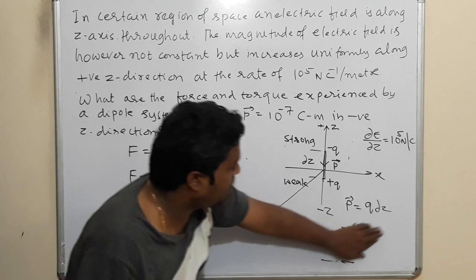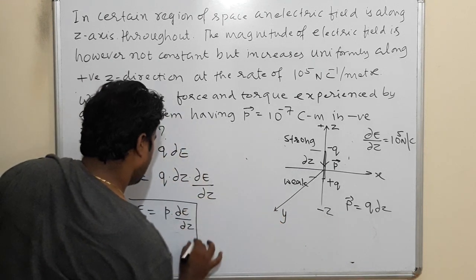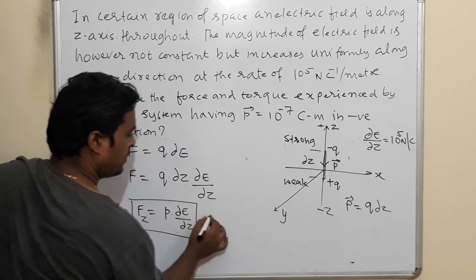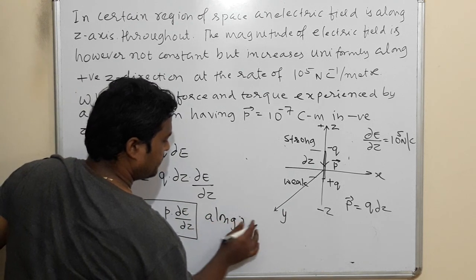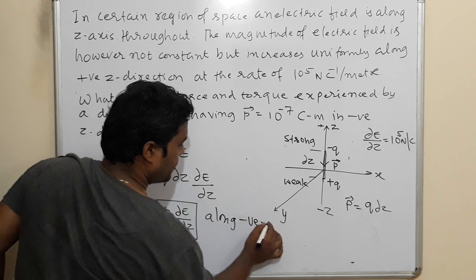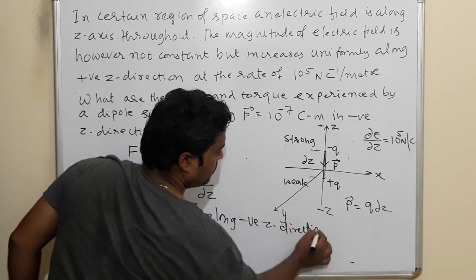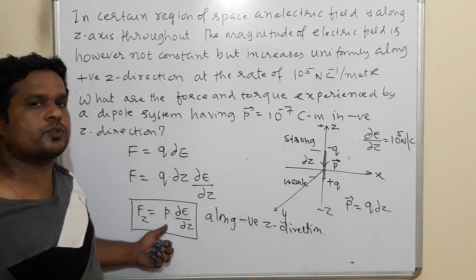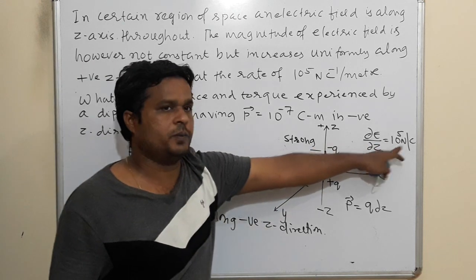That means how much force is acting on the dipole? This much. Along which axis? Along the negative z direction. Now you can calculate that force also, because P is given as 10 raised to minus 7, and dE by dz is 10 raised to 5.